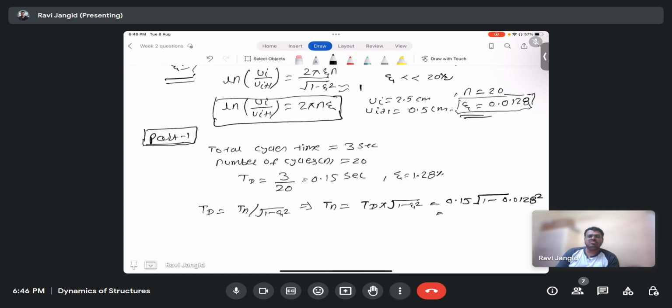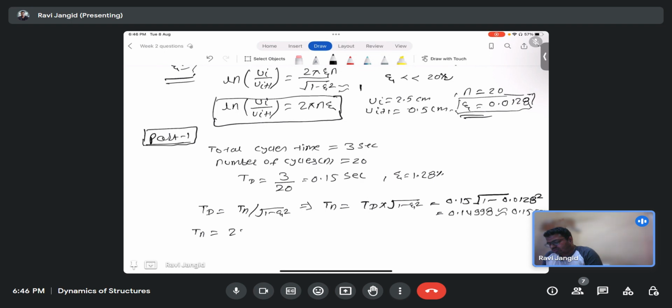So that is nearly 0.15. As that is coming out 0.14998 something, that would be 0.15 second. Okay, so if that is 0.15 second, now I know what my stiffness is.